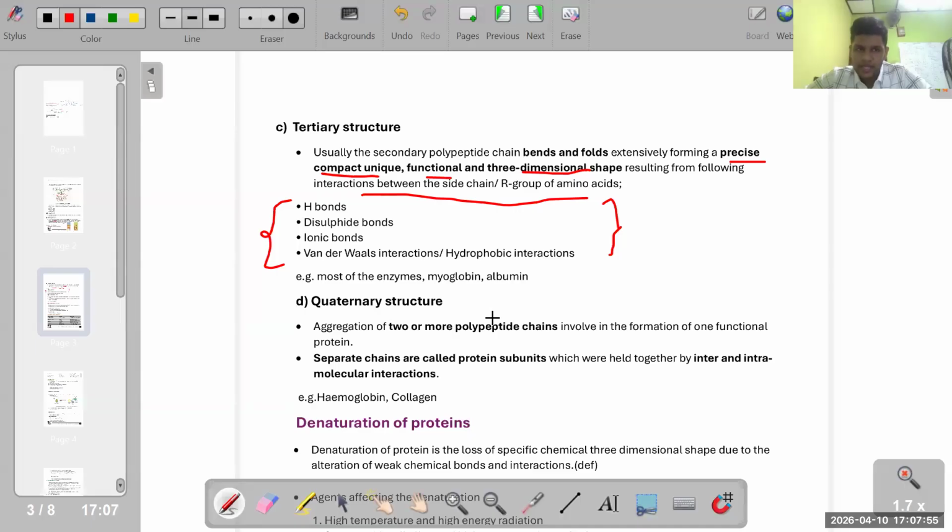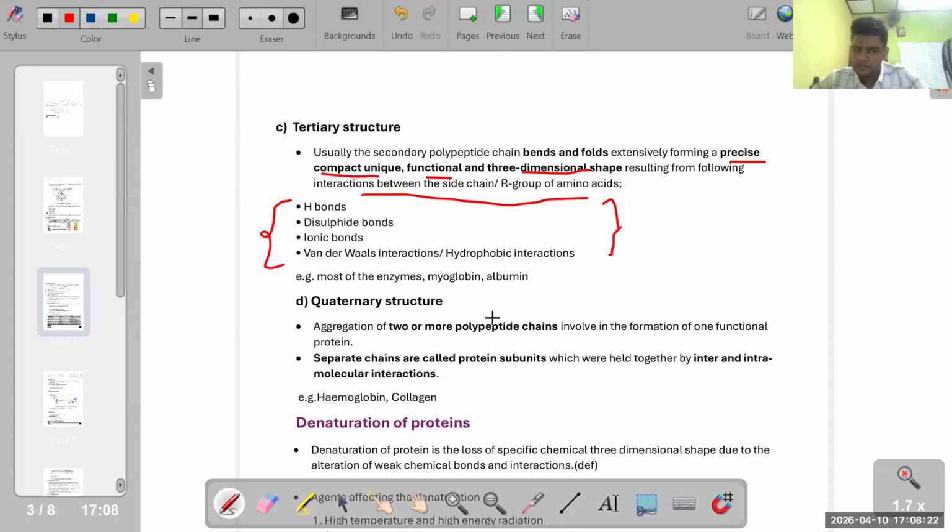So backbone, does it change from amino acid to amino acid? No, it is constant. Very good. You have that fixed knowledge, right? It is constant. So as it is constant, the type of bond is also constant. Only one type of bond, hydrogen bonds. Is it fine?